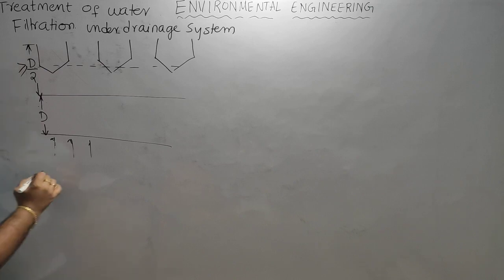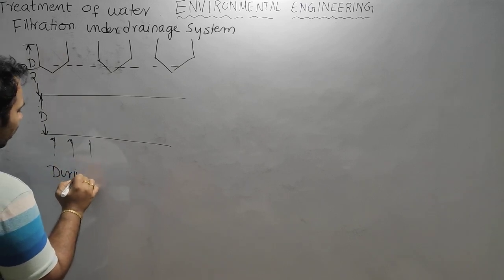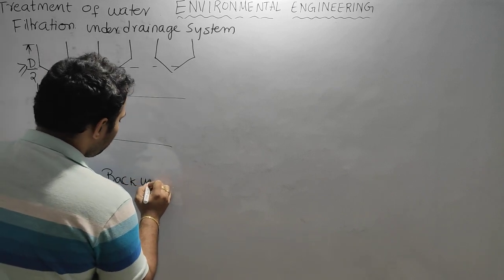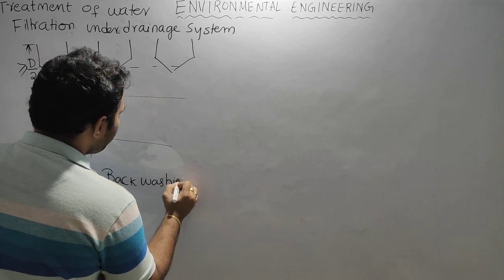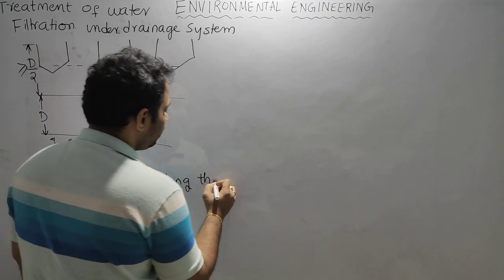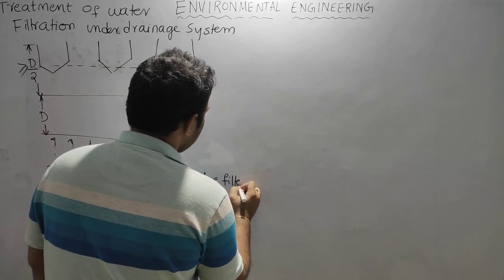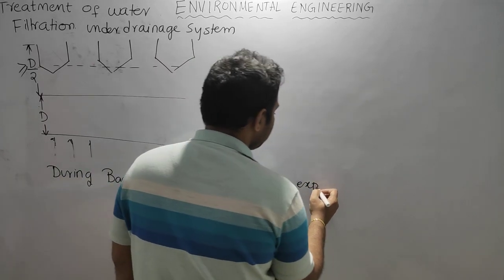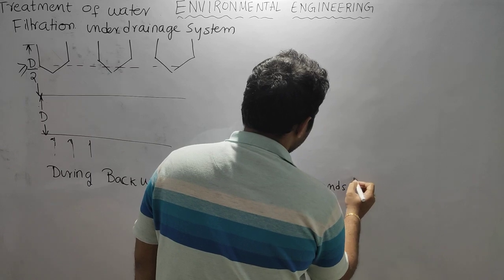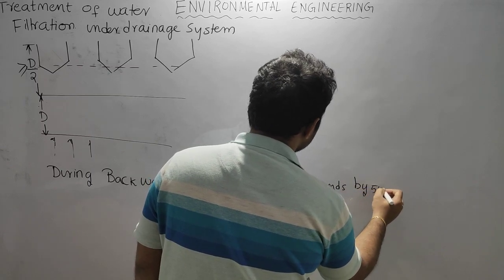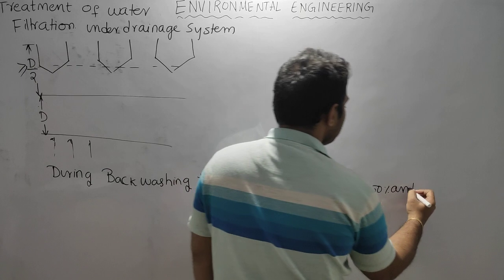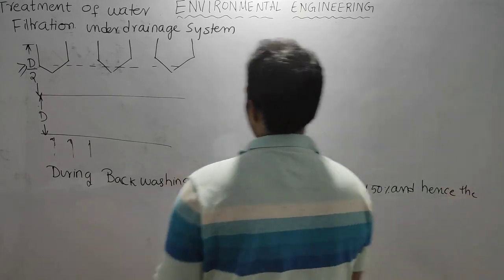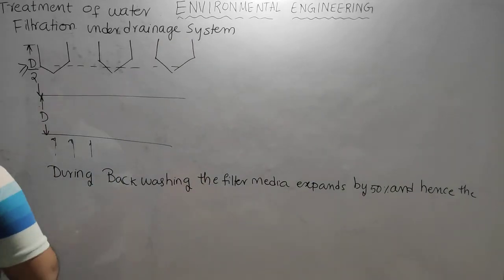So during backwashing, the filter media expands by 50%, and hence the wastewater trough should be kept at least at a height of D by 2 or even more.